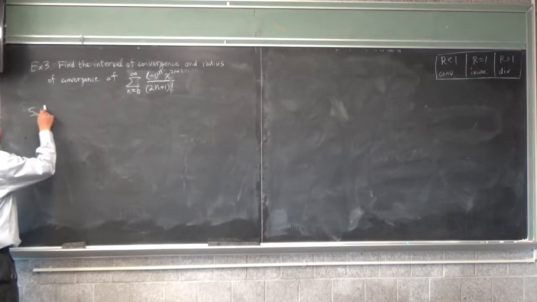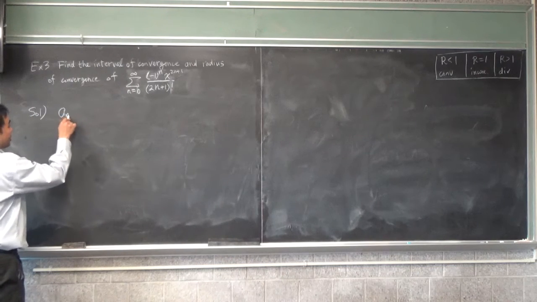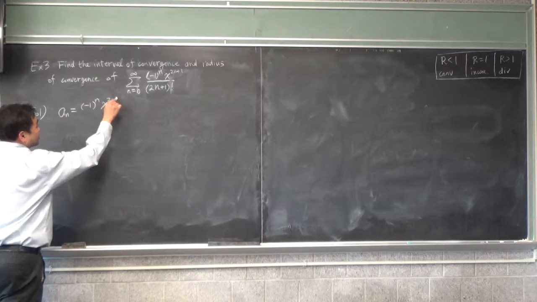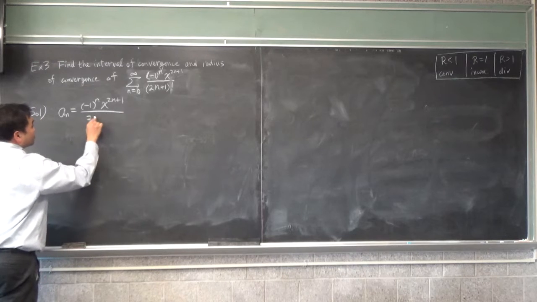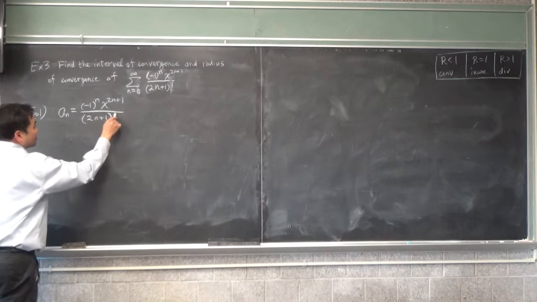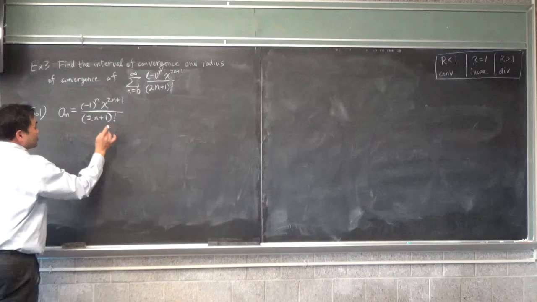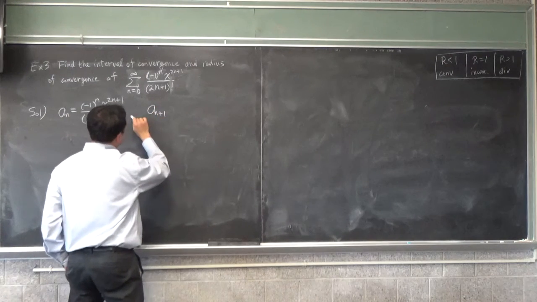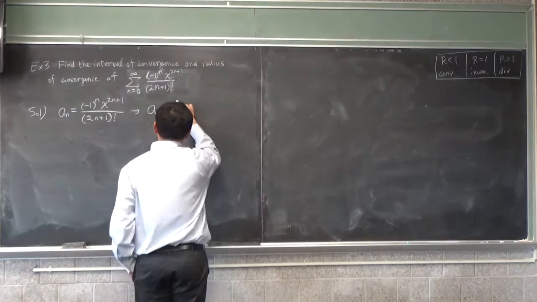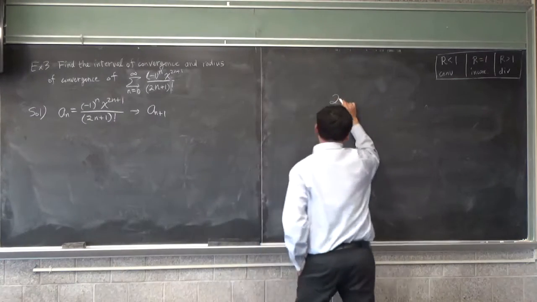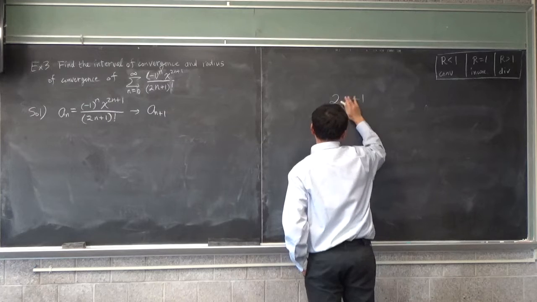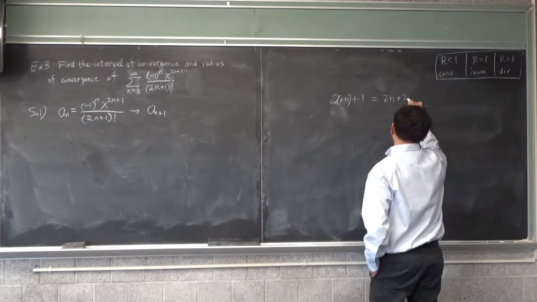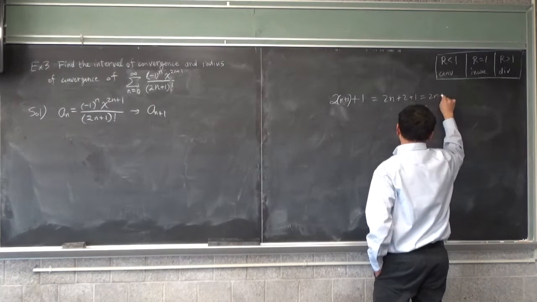Solution: we always use the ratio test. So a_n is whatever you're adding. And then a_(n+1) would be, well, if you have 2n plus 1 and you replace n by n plus 1, that's 2n plus 2 plus 1, which is 2n plus 3, right?